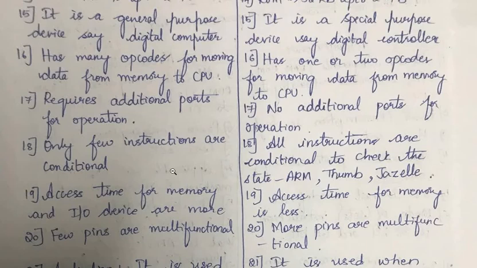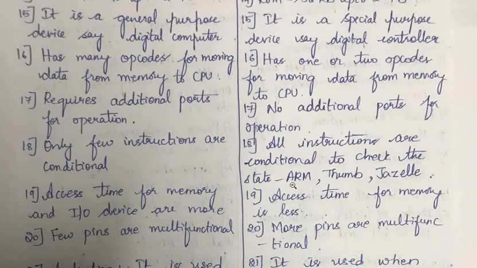In microprocessor, only a few instructions are conditional. We don't go for much of conditions. Whereas in the microcontroller all instructions are conditional. Why? Because it has to check whether it is 32-bit or 16-bit or 8-bit.